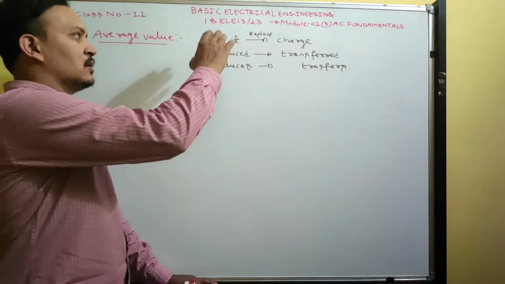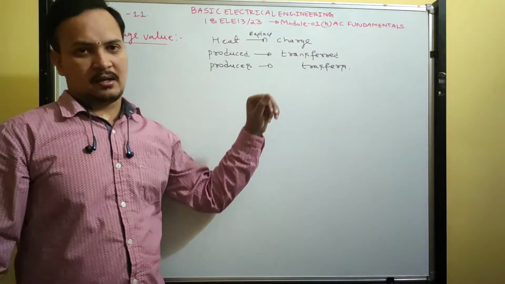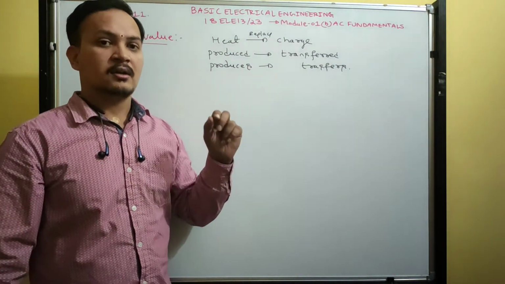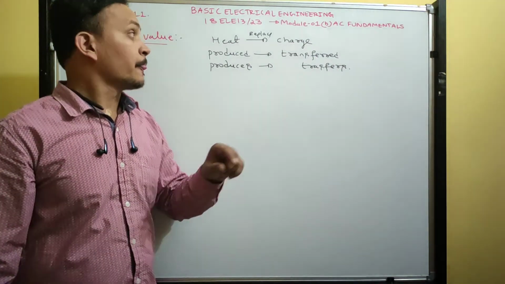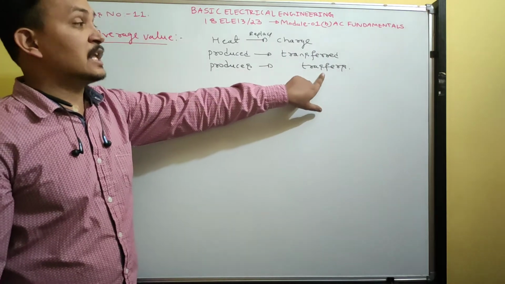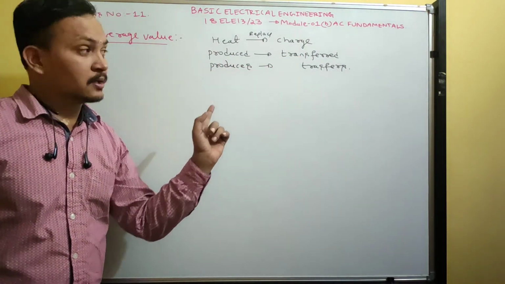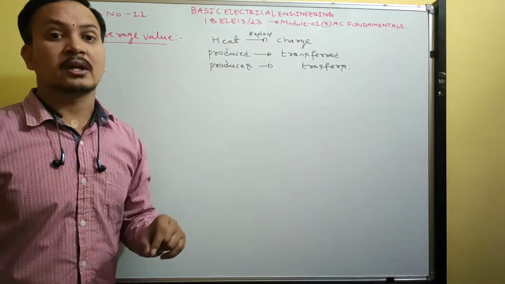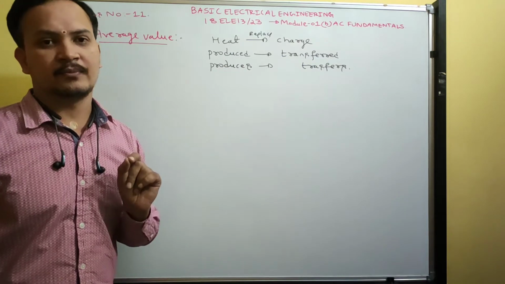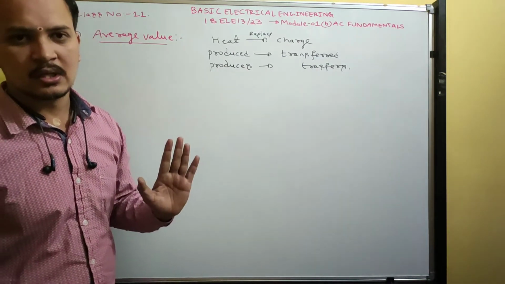So the average value of an alternating quantity is such that a steady current, DC current, which when flowing through a given circuit for a given time, transfers the same amount of charge as is transferred by an alternating current for the same circuit for the same time, is called average value. Got it? Understood, guys?